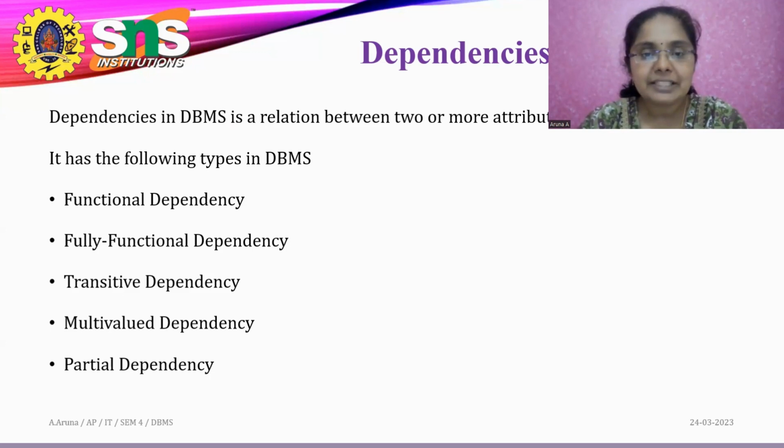The next concept is fully functional dependencies. It is an attribute depending fully on another attribute. That is, if it is functionally dependent on another attribute and not on any proper subset, then we call it a fully functional dependency. For example, in a table we have the project cost as well as the employee project.